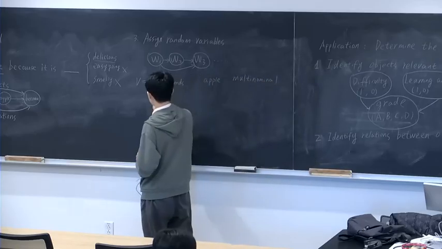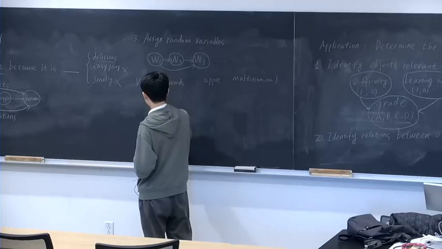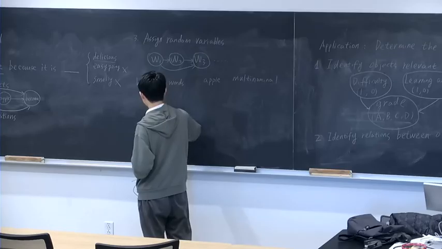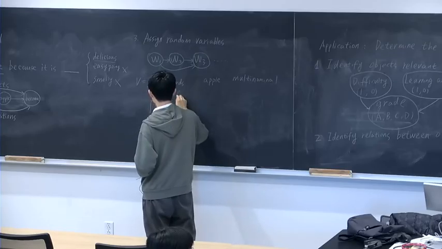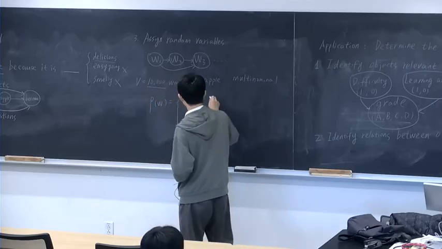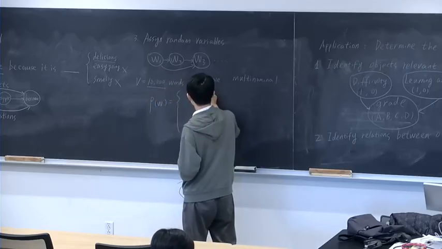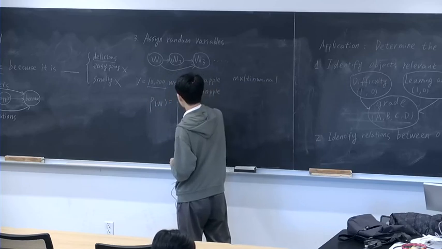The distribution is basically similar. For each word W, there is some probability: if W is apple, the probability is, let's say, gamma 1.